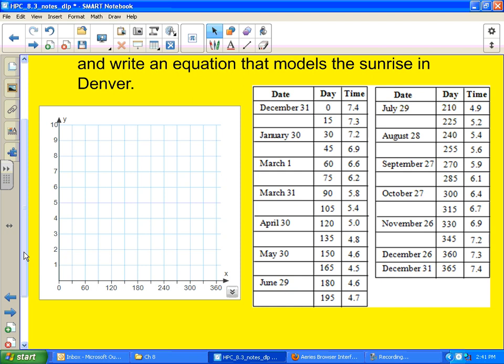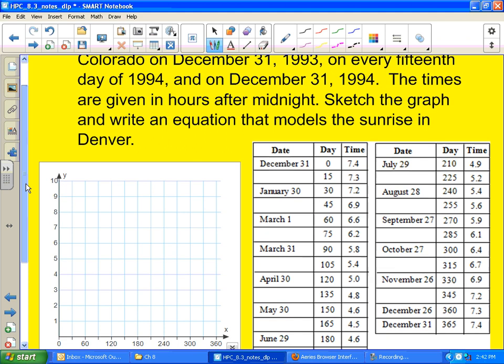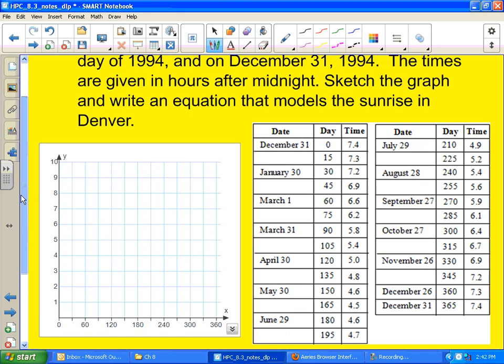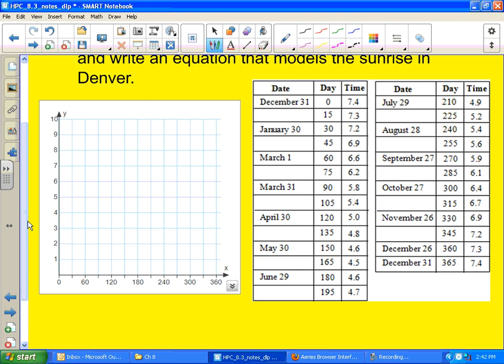So our first thing is take a look at day 0. 7.4 is the time, hours we're talking about since midnight probably, or what are we talking? Yeah, after midnight. So at 0, 7.4, we would have our first point.